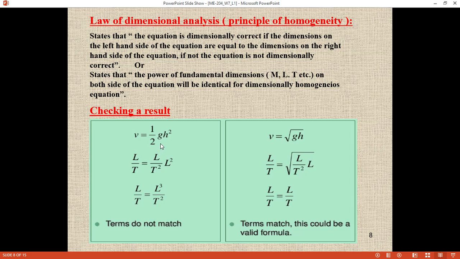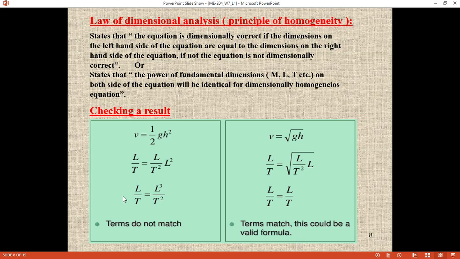Half is a constant, so we are not considering it at all because it has no dimension. What is g? Gravitational acceleration, L over T square. What is h? The height, L square. When we simplify that, this is going to be L cube over T square, versus L over T. So you see the terms do not match.